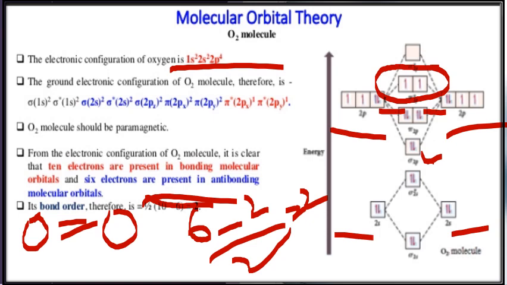Now the configuration is given according to the increasing order of the energy of the orbitals. It's given as sigma 1s2 is filled first, then sigma star 1s2, then sigma 2s2, sigma star 2s2, sigma 2px2, and then there will be filling of pi 2py2, pi 2pz2, and then there will be the anti-bonding molecular orbitals, that is pi star 2py1, pi star 2pz1.